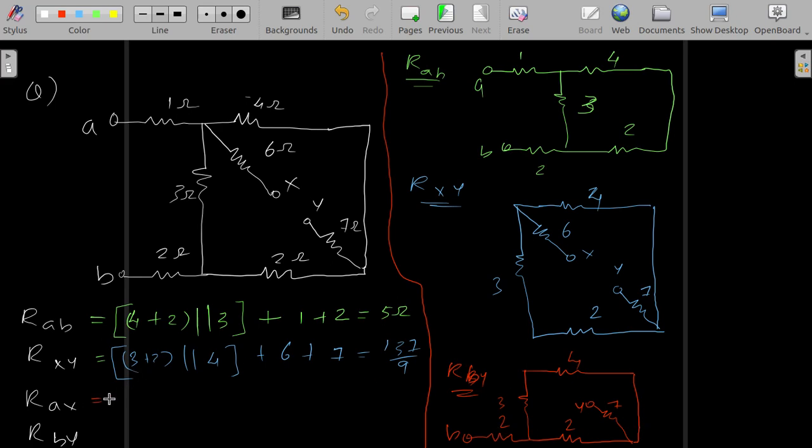So when you write this, it will be what? 3 is series with 4, which is in parallel with 2, which is in series with 2 and 7, right. So it will come something like 95 by 9, I think. Okay.